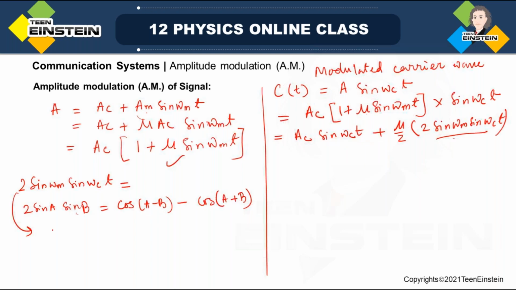So this term, 2 sine omega m t and sine omega c t, can be written as cos of omega c minus omega m, because this frequency is more for the carrier wave, minus cos of omega c plus omega m.